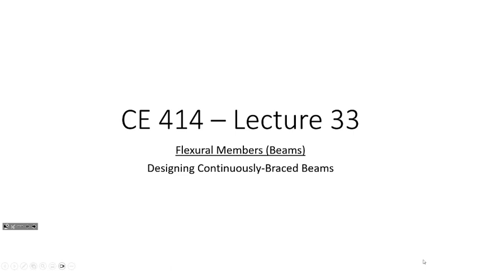The answer is because of a process called cambering, C-A-M-B-E-R. So if I have a beam in this building supporting the weight of the floor system above us, I could very easily compute the dead load deflection and the live load deflection separately. Let's say I have a dead load deflection of 1 inch.